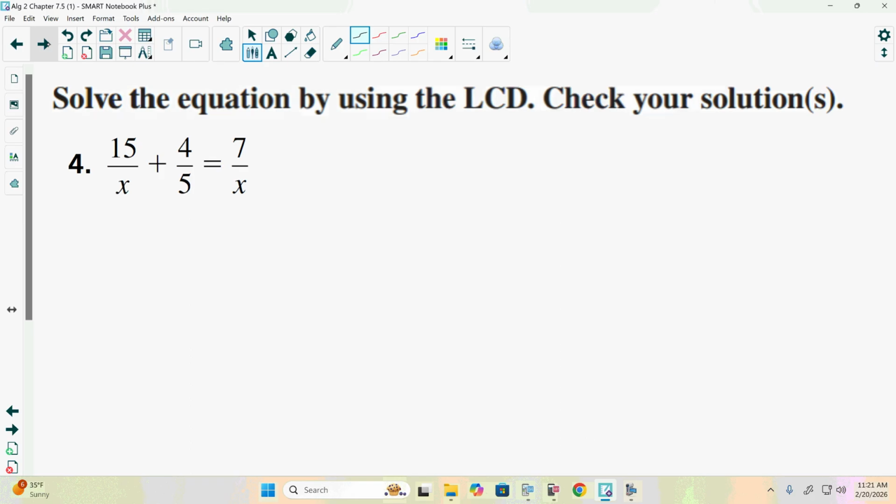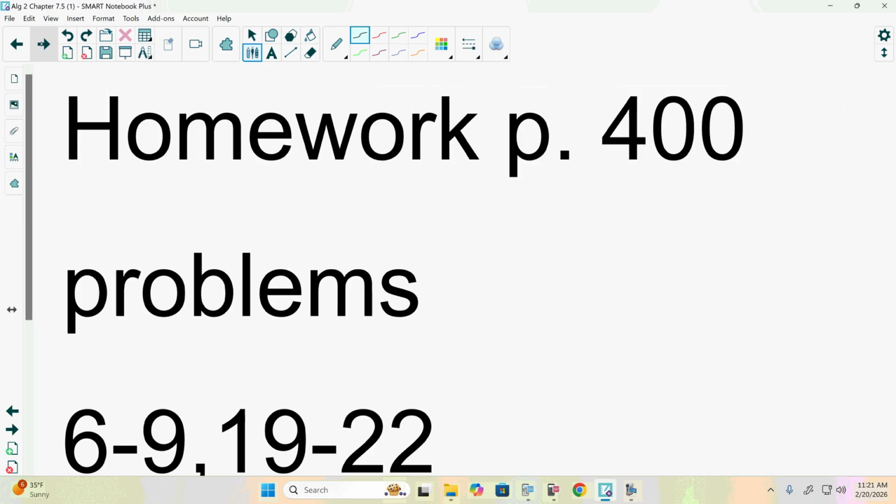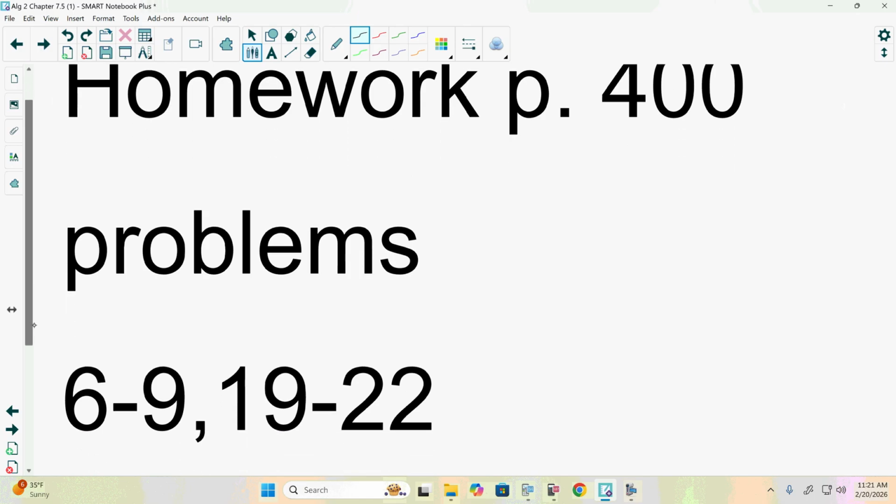Either one of these that we want to look at before we finish today. Six through 9, 12 through 19, 8 problems. Six through 9 is our one term on either side.